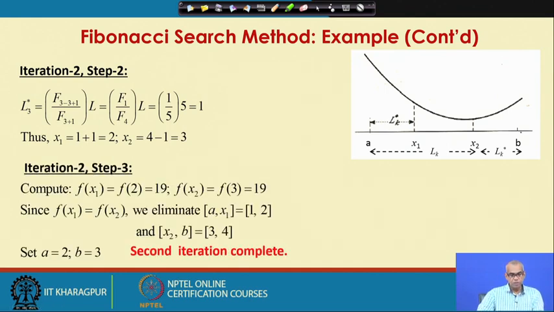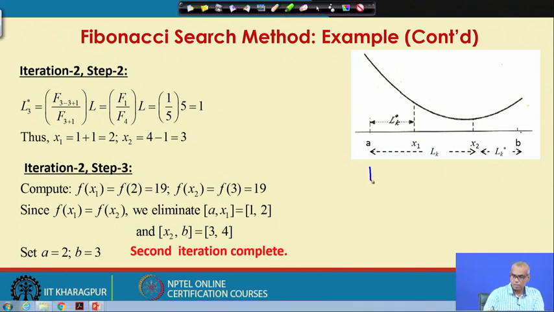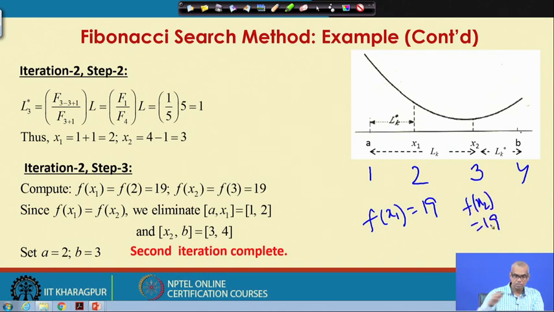So, step 3 of iteration 2 will compute f of x 1, which is 19, and f of x 2 is also 19.